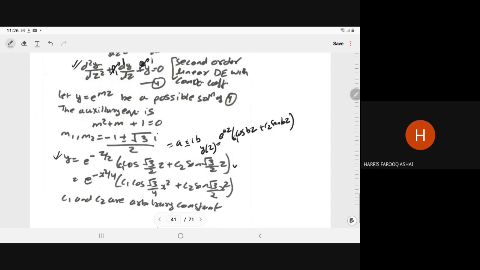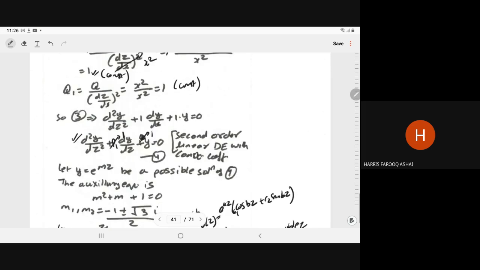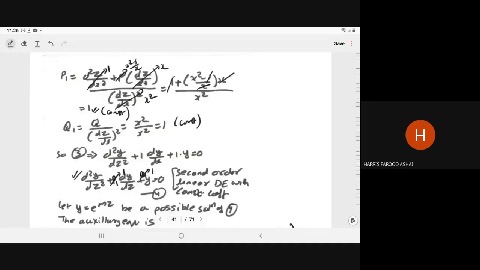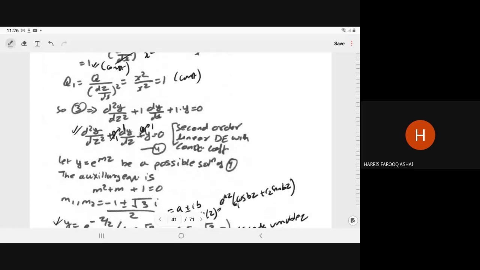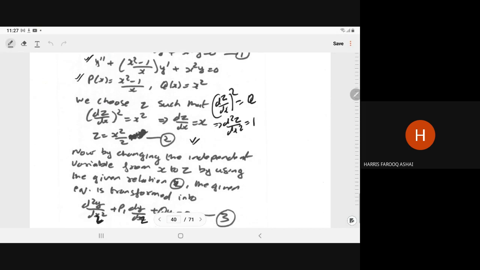Now this is the solution in terms of the independent variable z. So what is z? We have computed z by the substitution we have seen: z is equal to x square by 2.